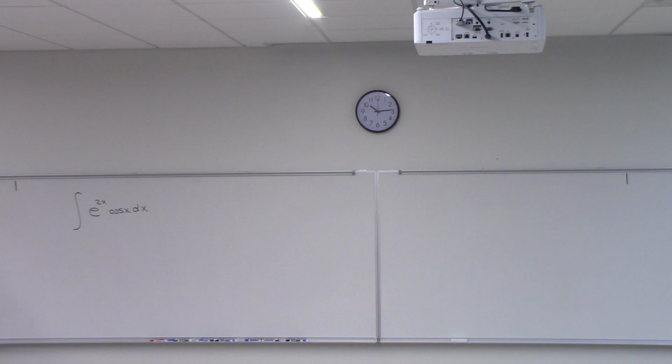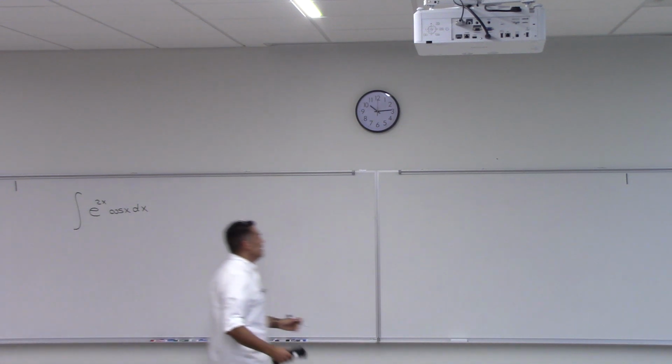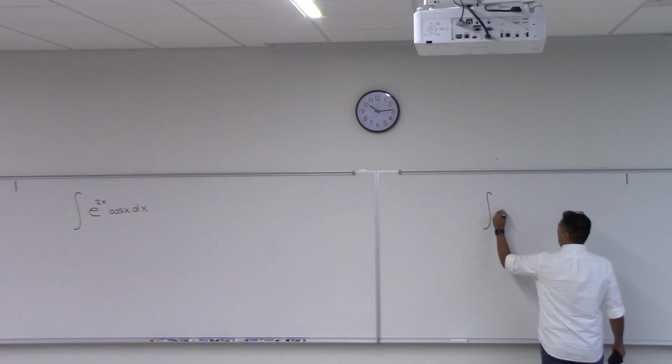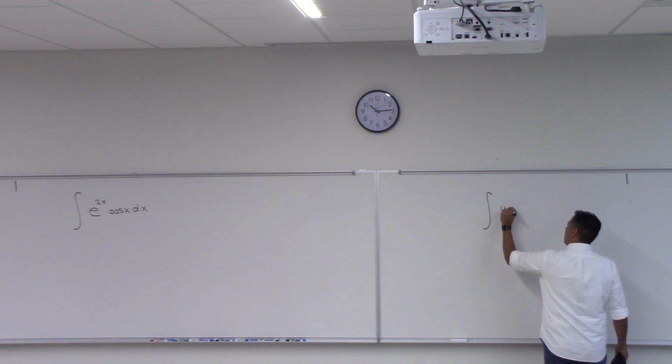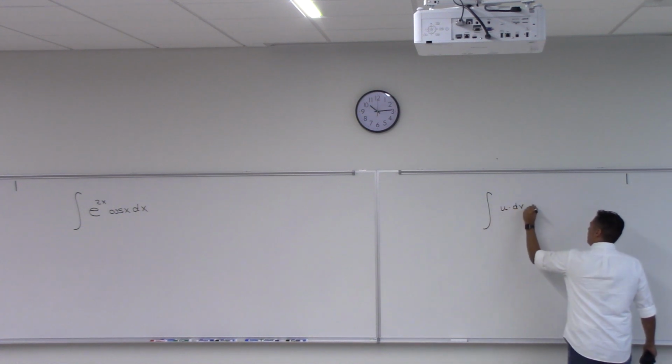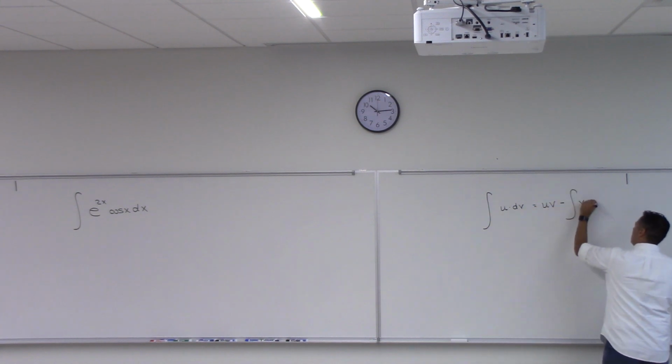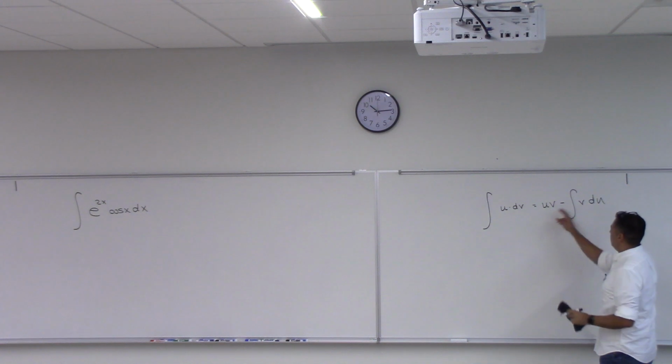There we go. And the formula, remember, is that if we have an integral where we have u times dv, this will be equal to ultraviolet minus the integral of v du, ultraviolet minus voodoo.